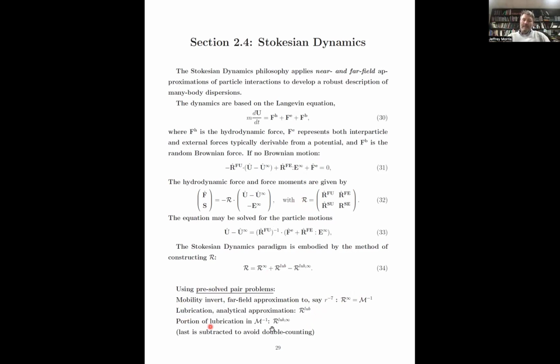Then I have the portion of the lubrication associated with the far field, and I have to subtract that off to avoid double counting. So the basic algorithm is near field plus far field, subtract out the double counting. That algorithm is used in other systems as well: understanding the far field and the near field at pair level, and then finding a way to approximate the many-body dynamics.